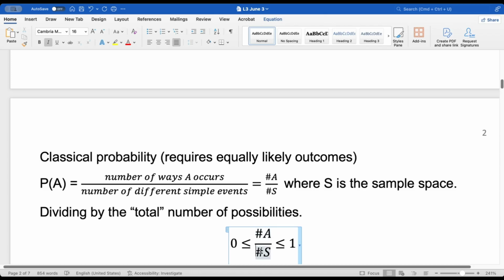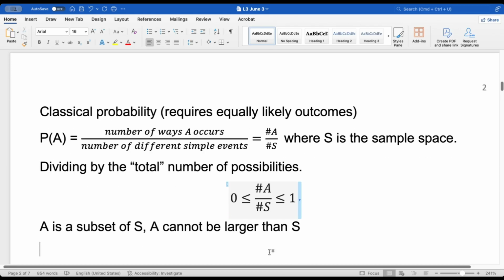Your denominator is the number of elements in the sample space. Since A is taken from the sample space, it's inside of it, it's a subset, so it cannot be larger. A cannot be larger than S, so that fraction is either going to be one whole or it's going to be smaller. It's impossible to be bigger than one.